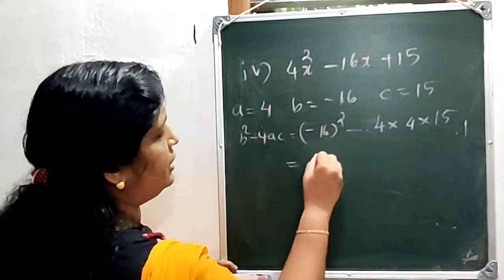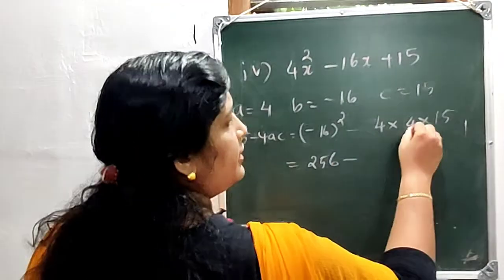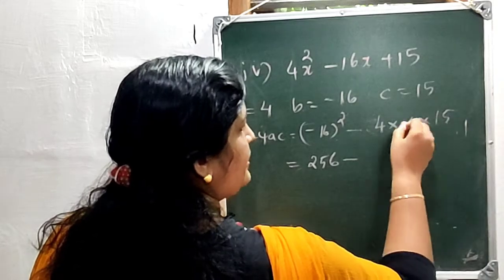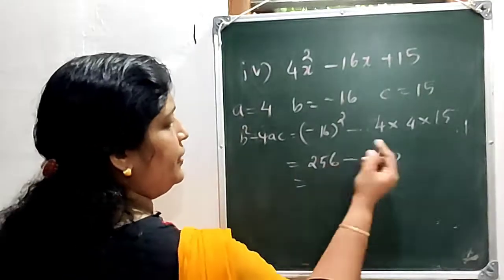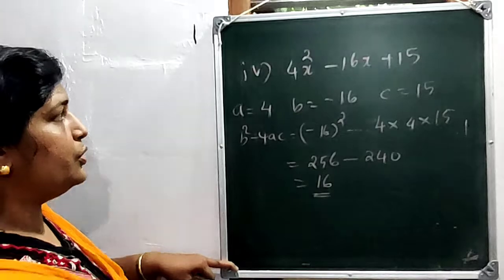That is 16 square is equal to 256 minus, this is equal to 4 into 15 is equal to 60. 60 into 4 is equal to 240. Okay, so 256 minus 240 is equal to 16. b square minus 4ac is equal to 16.